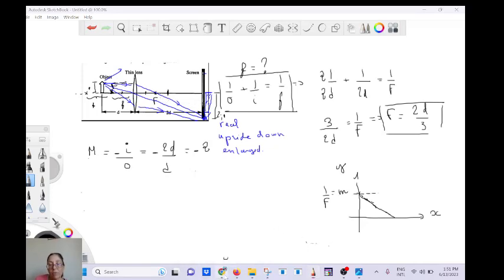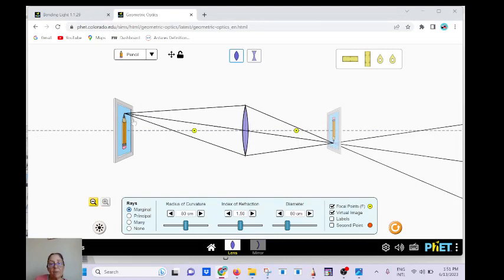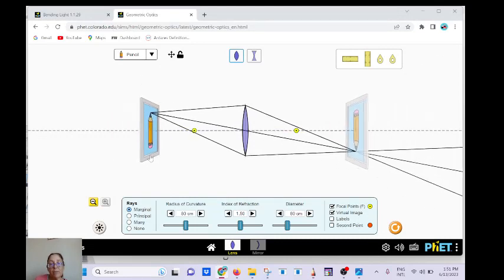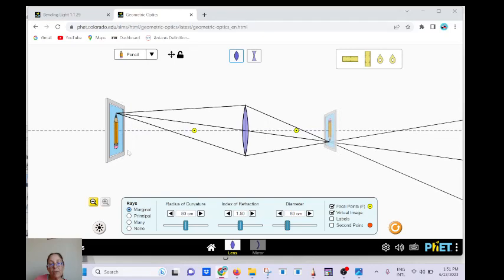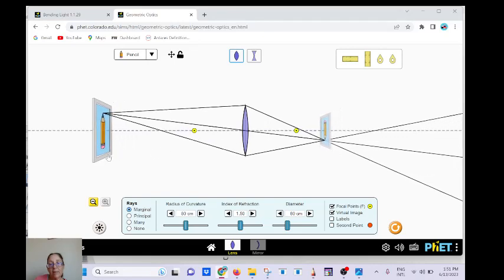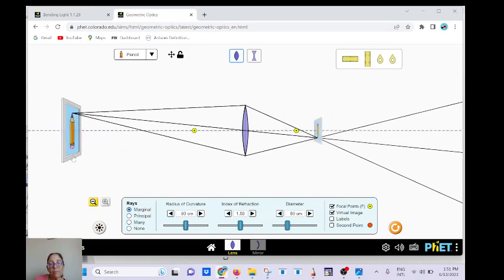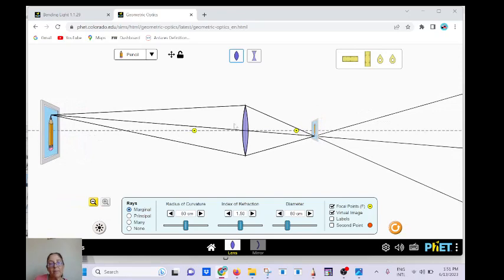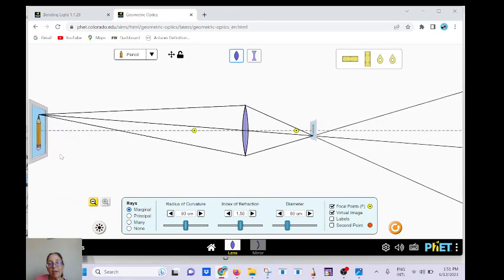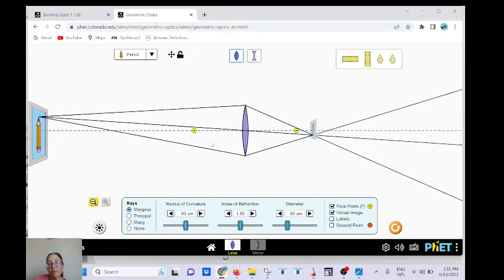Okay, so if you go back to the app, the question is, if you move the object farther away from the lens in this direction, you see that the image is getting closer and closer to that focal point here. If you move it really, really far away relative to the focal distance, meaning at infinity, the image will just be a point here at the focal point.